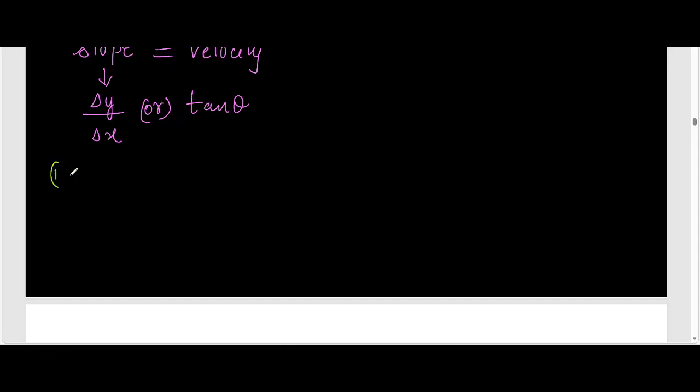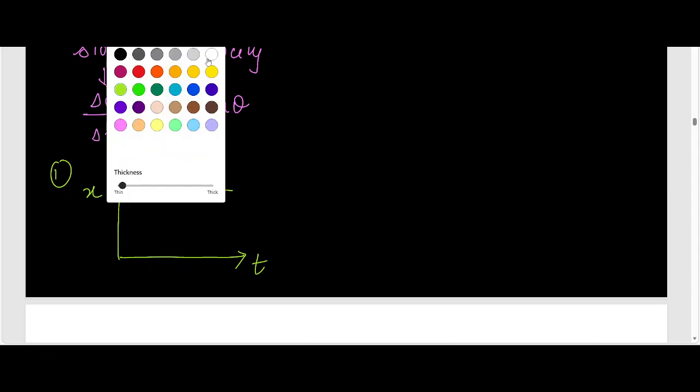There are different categories of these graphs. Let us discuss them one by one. This is the time and this is the displacement. First, suppose the graph is a straight line parallel to the x-axis. What does it mean? The y-axis represents displacement, and that displacement is not changing with respect to time.